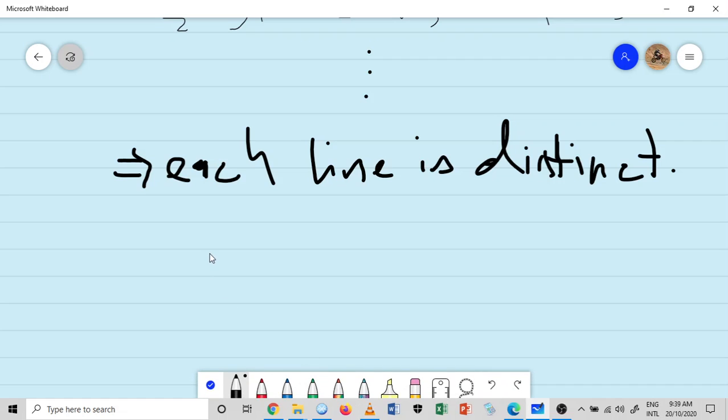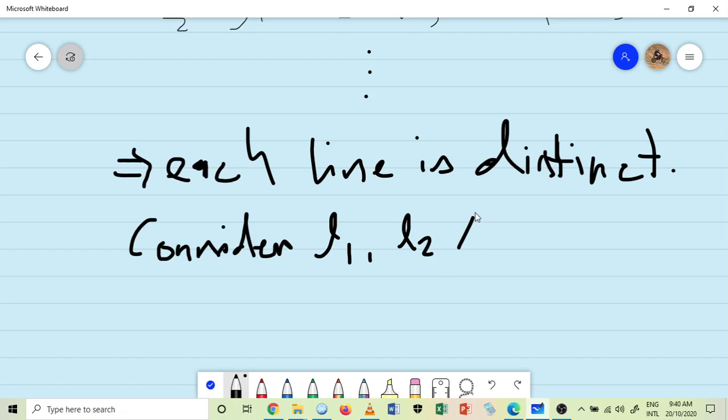So, say we consider the lines L1, L2, L3, and L4.